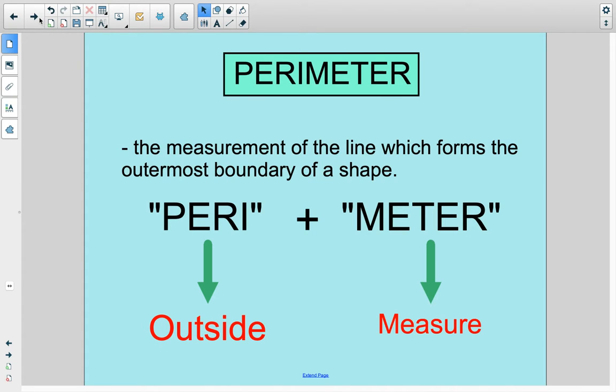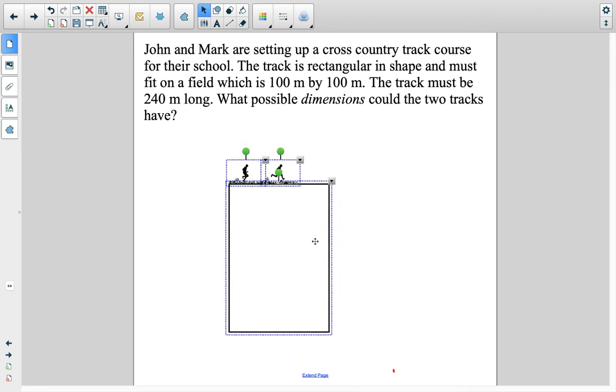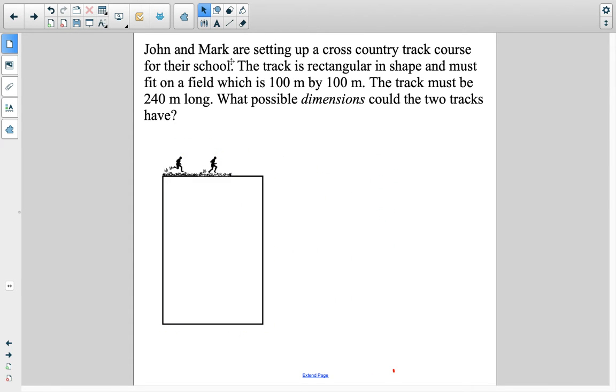So let's take a little problem and see how we can apply perimeter to a real world problem. John and Mark are setting up a cross-country track course for their school. The track is rectangular in shape and must fit on a field which is 100 meters by 100 meters.